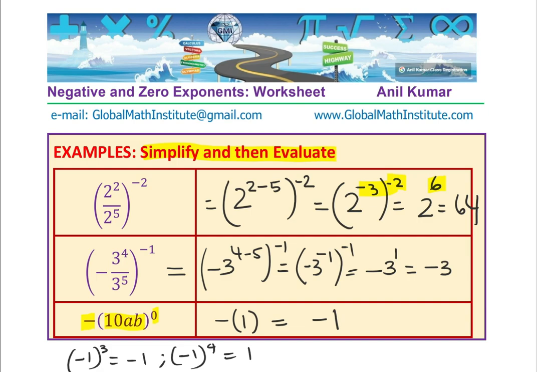Now, the minus is not inside, right? It is outside. So, the power of 0 is only the exponent for whatever is there inside the bracket. Make sense? Okay, great. So, this is, I will say, a tricky question, right? So, I'd like you to focus on this, understand these steps once again. It looks simple, but could be extremely tricky.